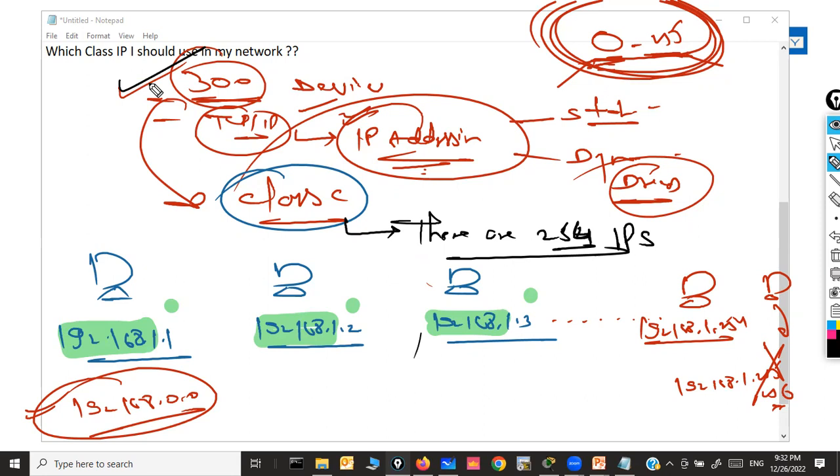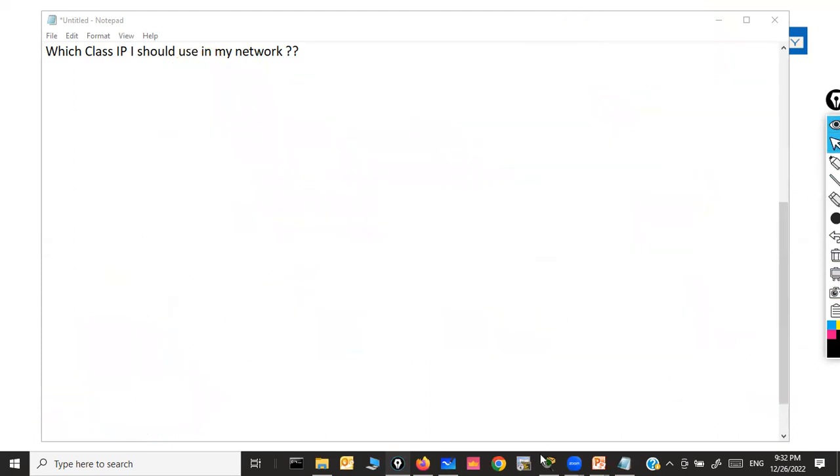For now, without doing any manipulation or computation, in class C there are a total of 254 valid IPs. Total 256, but out of 256, 2 IPs, the first and the last, cannot be used, cannot be assigned. And if you try to assign, you'll probably get an error message, right?